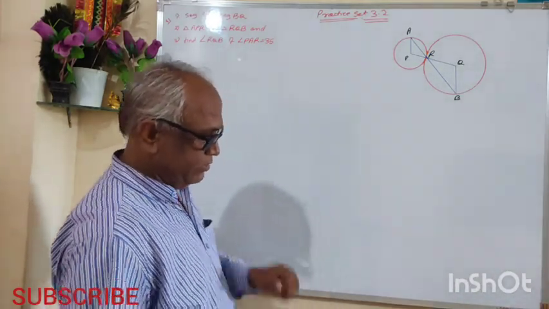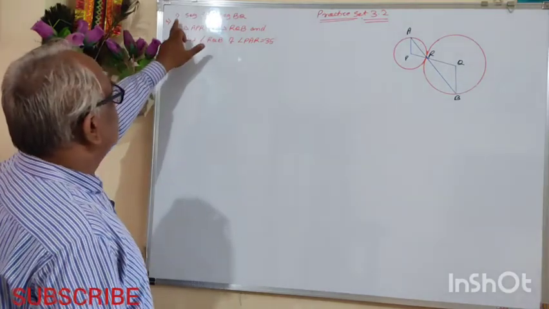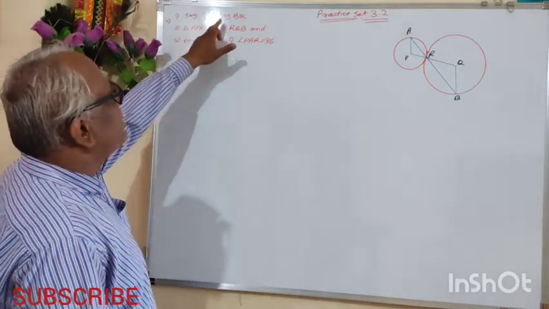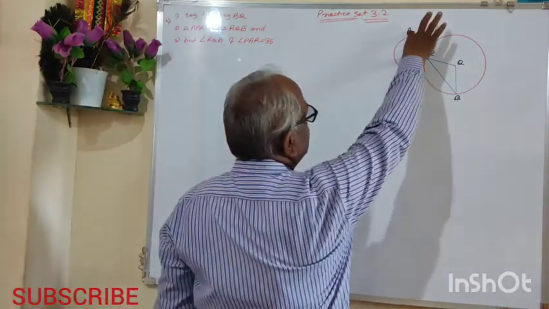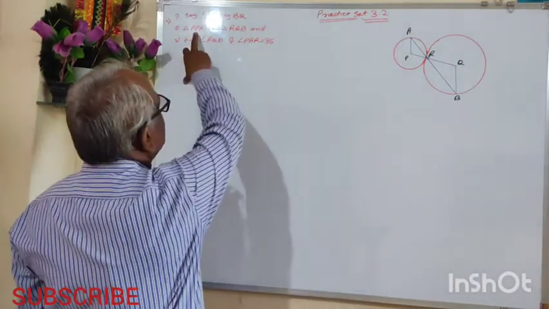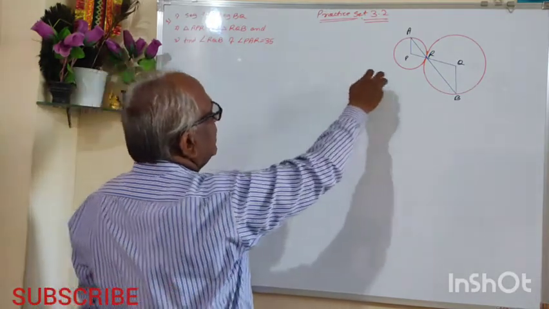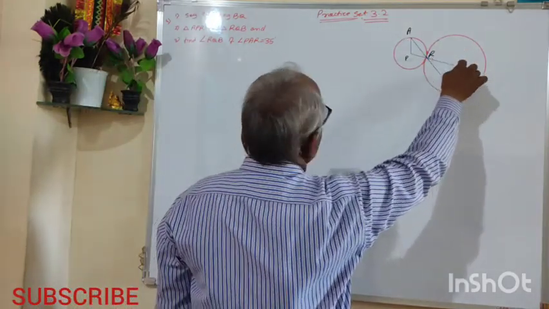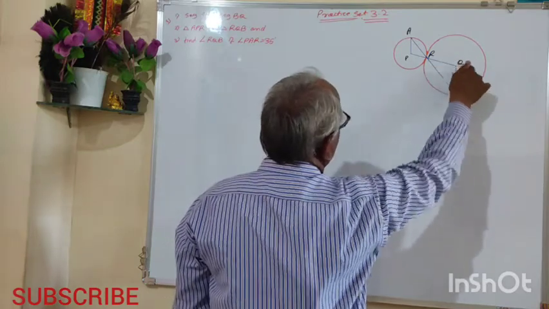Then you are going to prove, first, that segment AP is parallel to BQ. Second, that triangle APR is similar to triangle RQB.